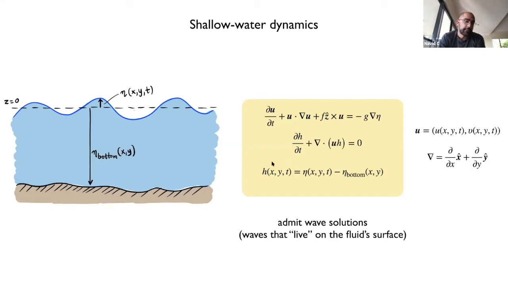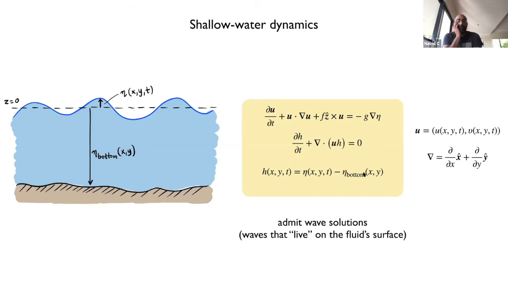And it is, of course, related to the free surface height, because the free surface height and the position of the bottom of the fluid, if you add them together, give you the full fluid depth.